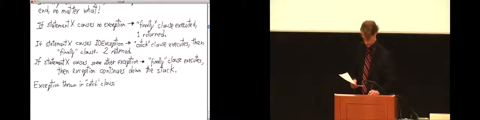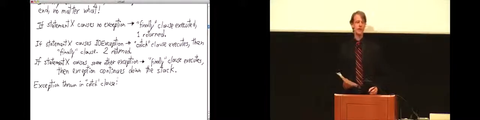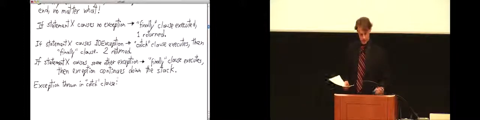So, to go through a few more possibilities, the catch clause might throw an exception itself. If that happens, you can have an exception in a catch clause. Then we terminate the catch clause immediately.